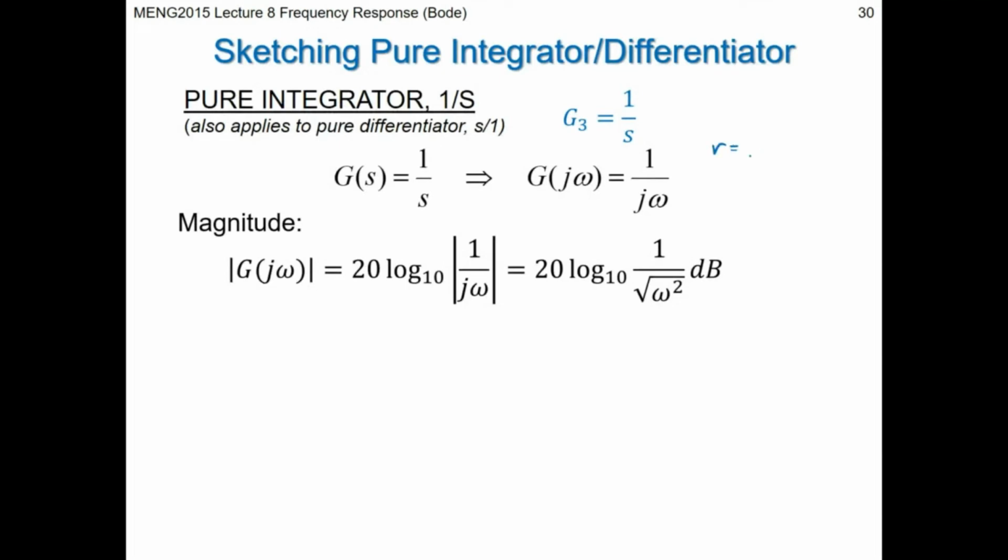So we said r equals the magnitude of G(j omega), which is the magnitude of 1 upon j omega, but we're expressing it as m. And to get m, we're taking 20 log 10 of that r.